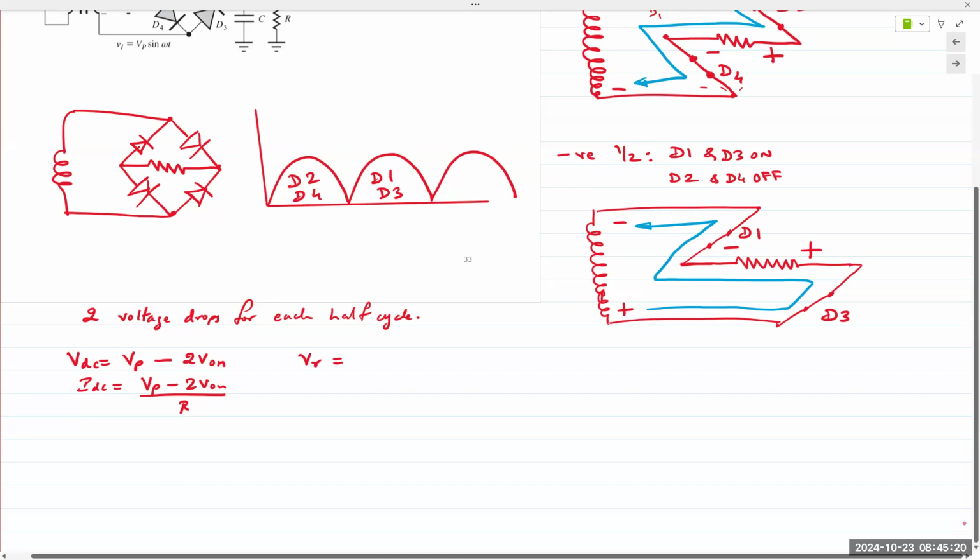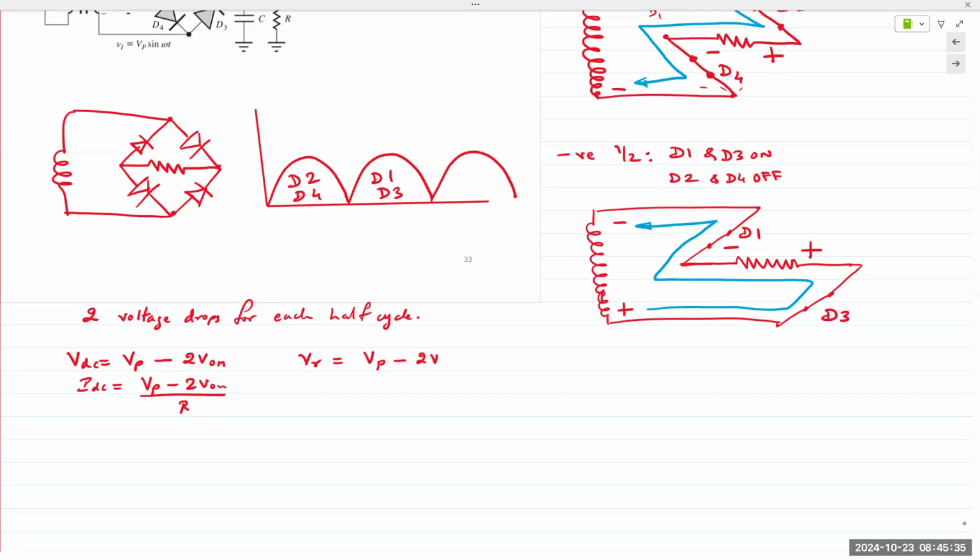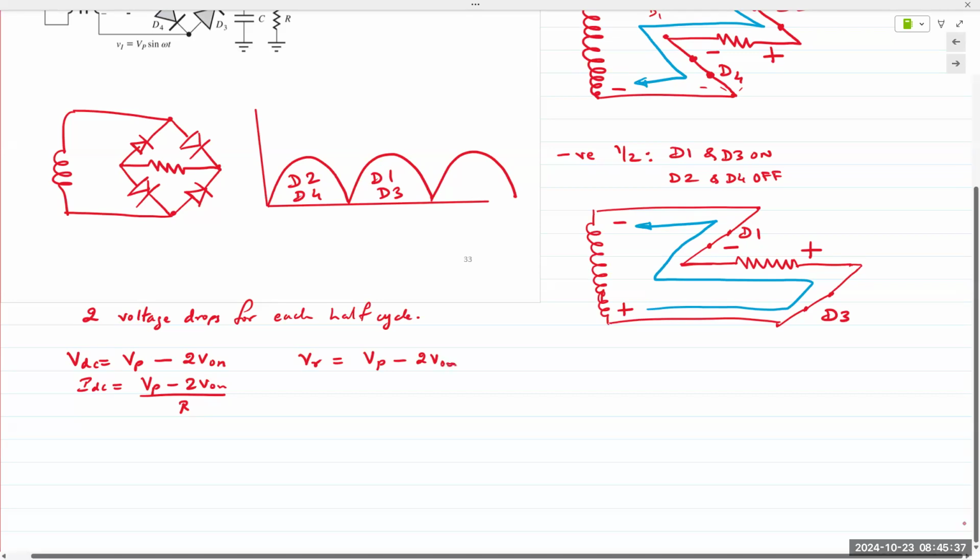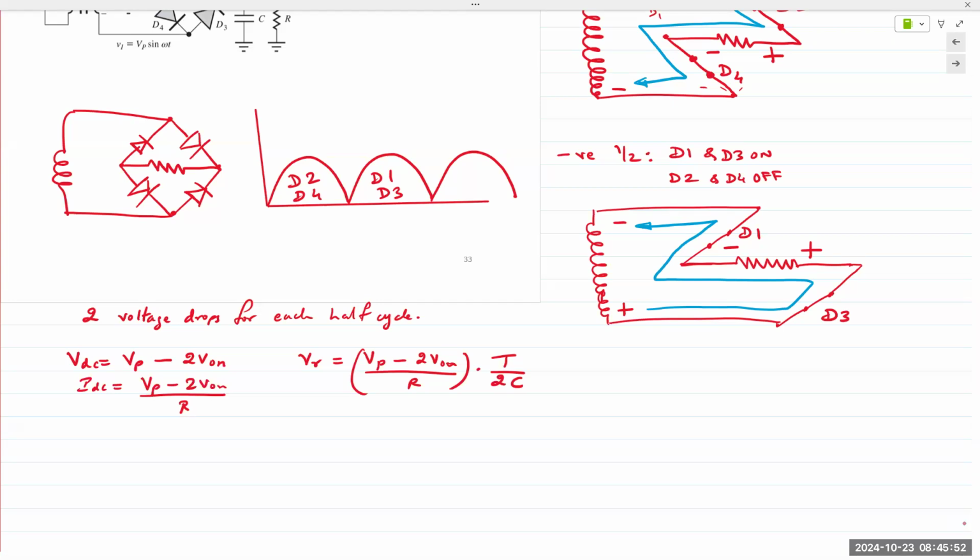VR is still VP minus V on, but in this case, of course, it's 2V on over R times time period over 2C. Everything is doubled. And so now the time constant also is double, T over 2 times RC.